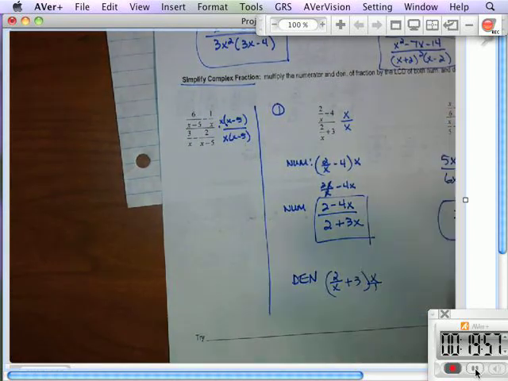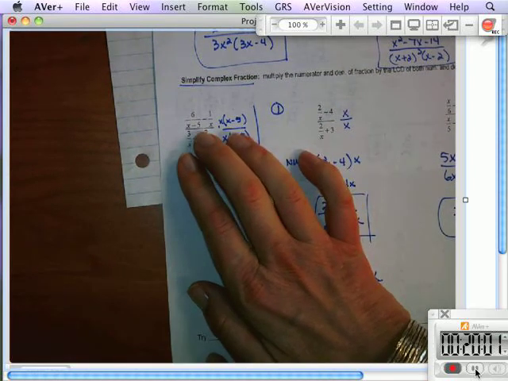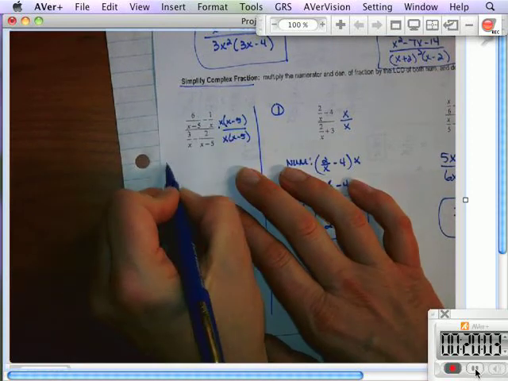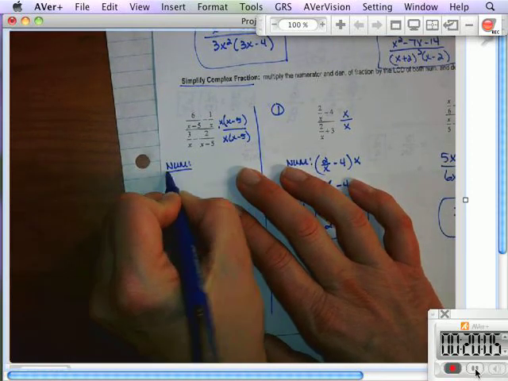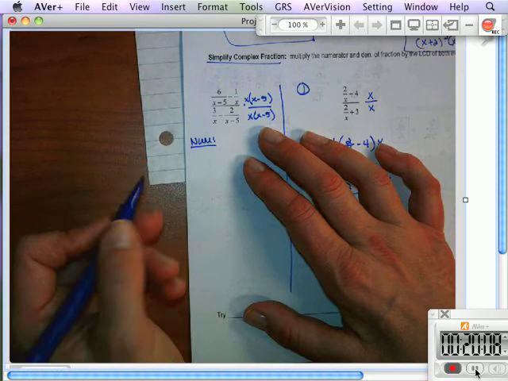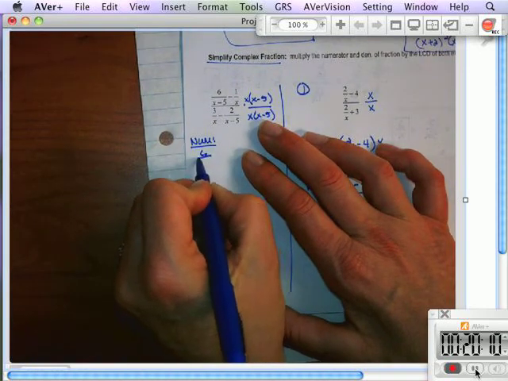So I'm going to multiply the numerator. I'll do the numerator separately instead of just talking you through it. So it looks like this. The numerator is 6 over x minus 5.